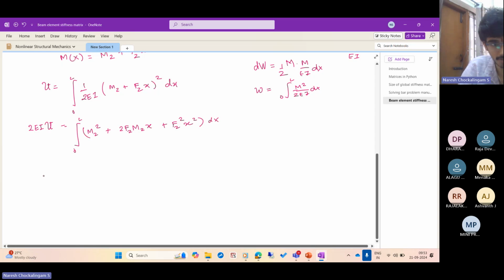Do the integration, you get 2EI U is equal to M2 square L, this is constant, plus F2 M2 L square, plus F2 square L cube by 3. Is that okay? You get the same terms, the same answers.